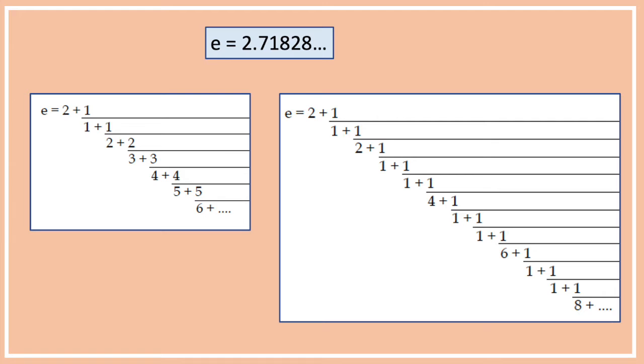And then we can see only in the denominators a pattern that says 2, 1, 1, 4, 1, 1, 6, 1, 1, 8, 1, 1, 10, 1, 1, and so forth until infinity. So it shows us also that Euler's number E is a transcendental number, but with a very high degree of symmetry in its inner structure.